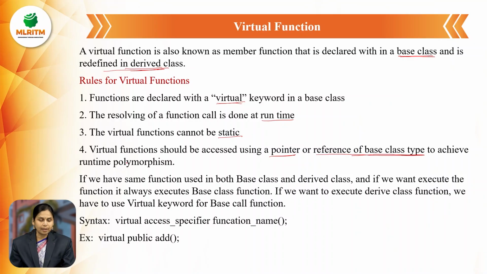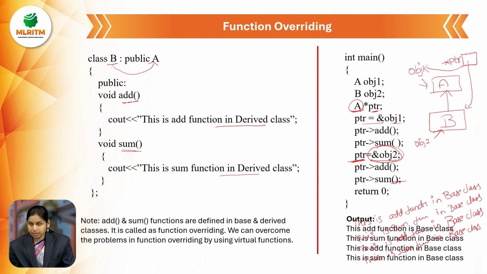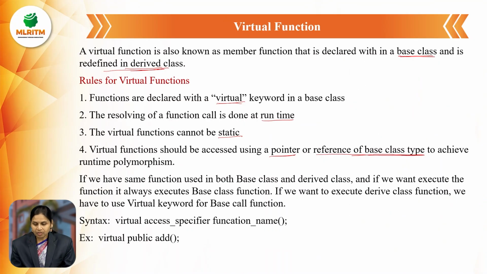So when we observe the previous example, here a pointer variable or a reference is created for the base class. That is written here. Virtual functions should be accessed using a pointer variable, for example, PTR of base class.